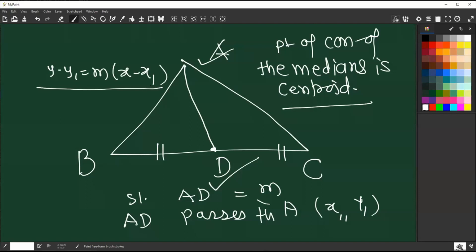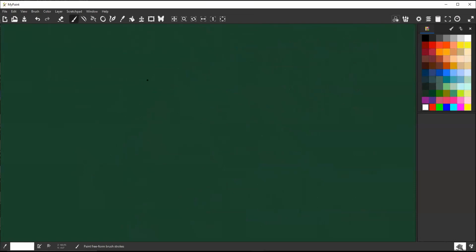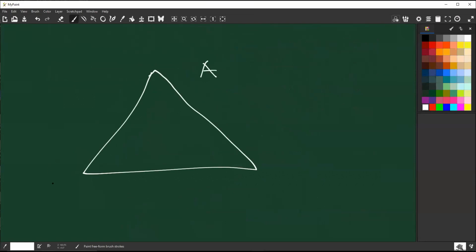Now, do you know what is an in-center? For your information, I'm asking you, what is an in-center? Who knows what is an in-center of the triangle? Bolo. Superb. You are very well prepared. Very good. We don't call it intersection because when two lines are there, we call it intersection. When more than two are there, we say concurrence.